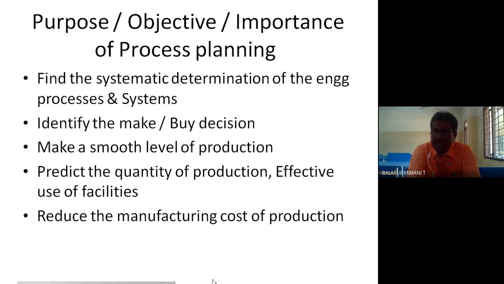But the industrial person thinks: why the casting of the gear blank not be made in our industry? All the machines, all the available resources, men, machine, material, are available in our industry. So why can you not manufacture the casting of the gear blank?